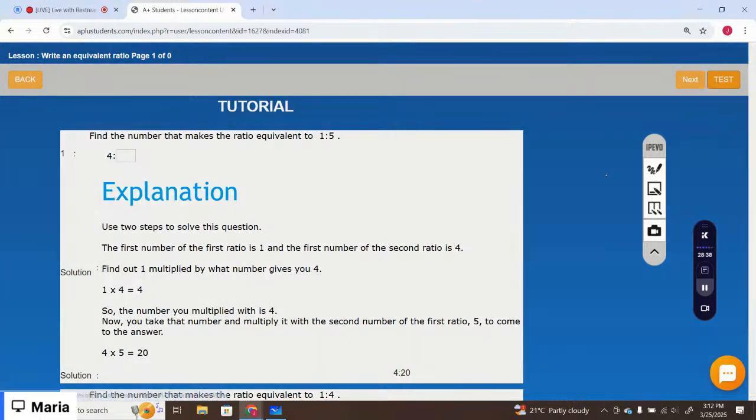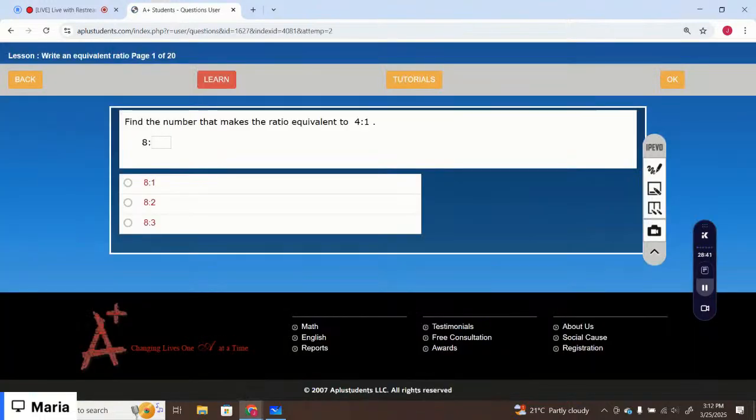Let's just start with the test questions. Find a number that makes the ratio equivalent to 4:1.